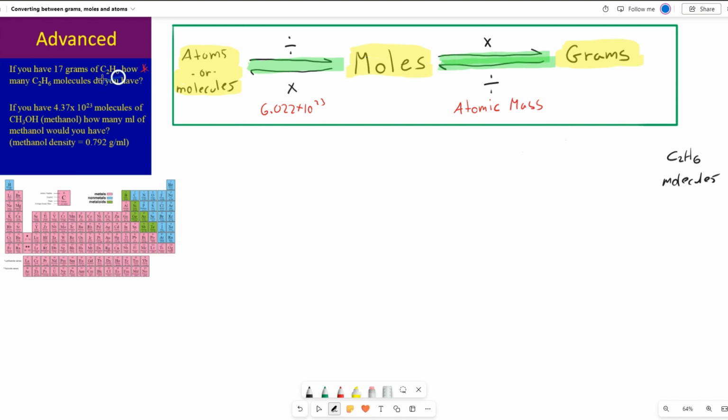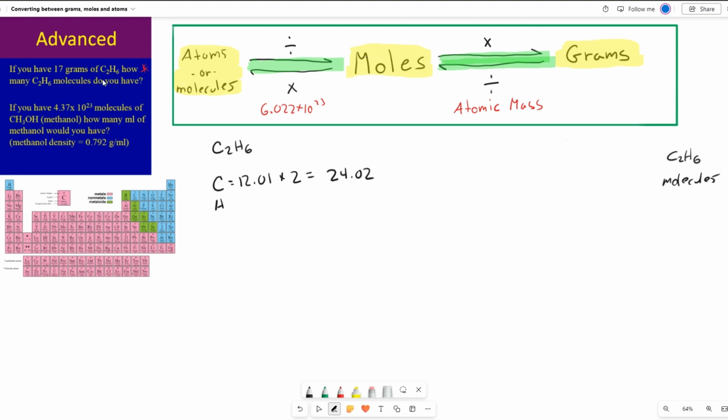It's C2H6, that is ethane, and we are going to need to learn its formula mass, so we might as well do that first. So C2H6, we have carbons, and each carbon weighs 12.01, and we have 2 carbons. So that means the carbons are going to be donating 24.02 to the overall formula or molecular mass.